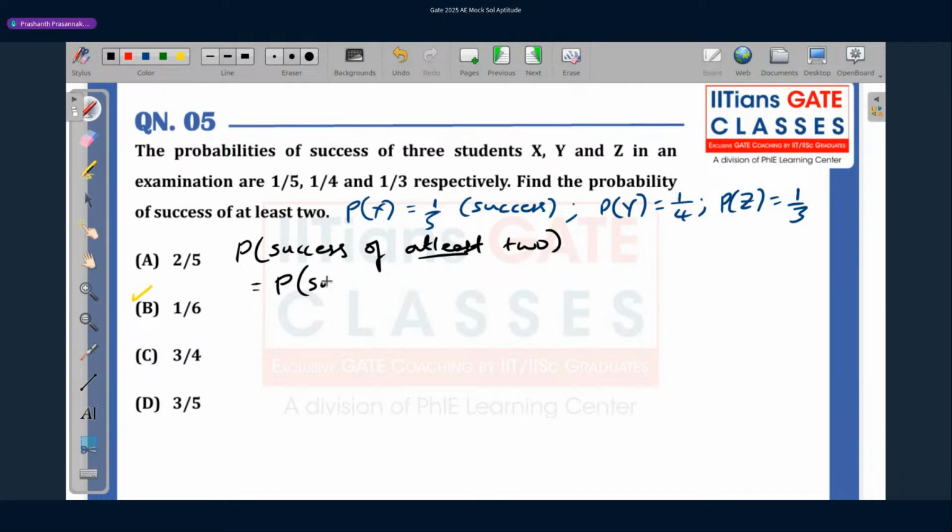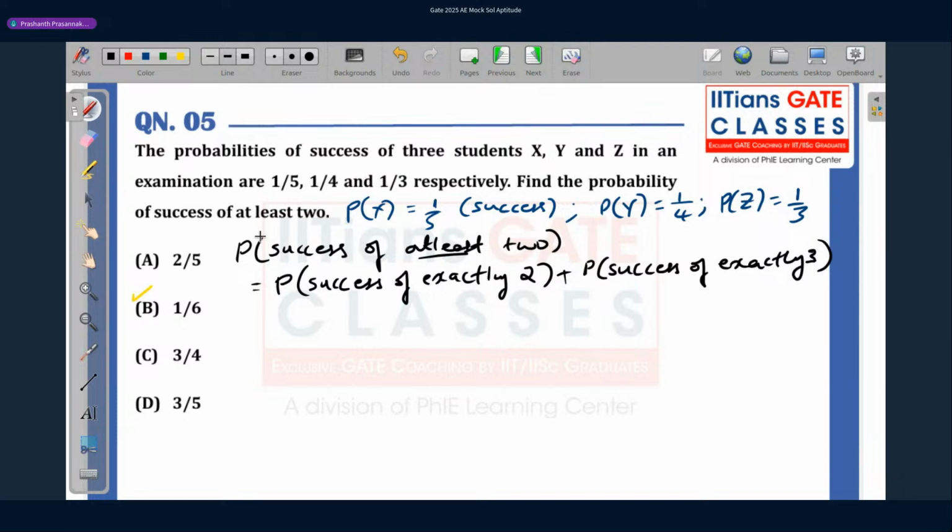The probability of success of exactly 2 plus probability of success of exactly 3, since more than 2 is 3, and exactly 4 is not possible, there are only 3 students. So the probability of success of at least 2 is the sum of probabilities of success of exactly 2 and exactly 3. This much is clear, right?